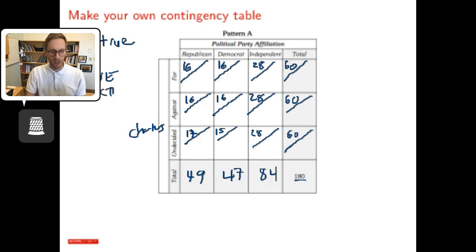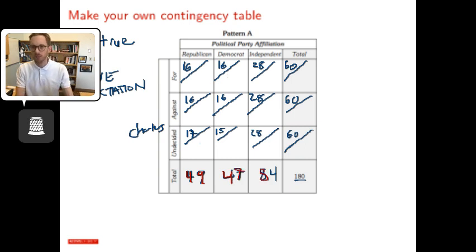And then I'm going to go to red. Red here is what we observe for the sample. So let's say we expect it to break down this way, and it actually does break down this way.